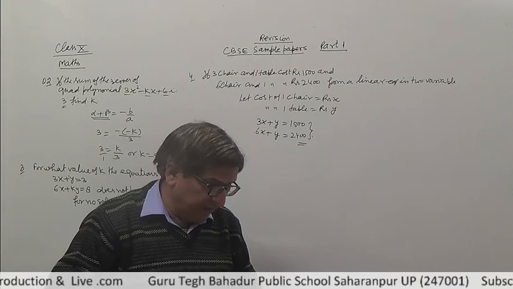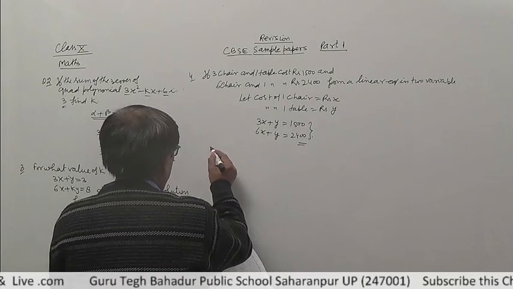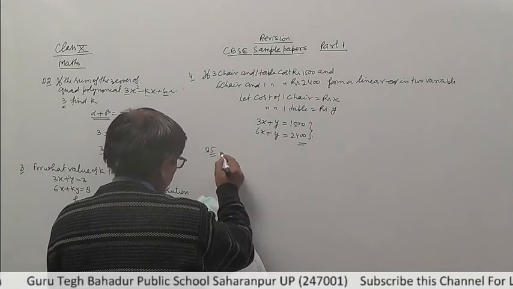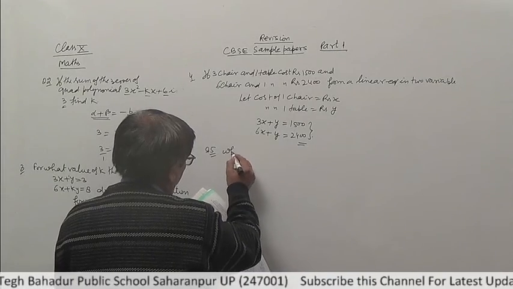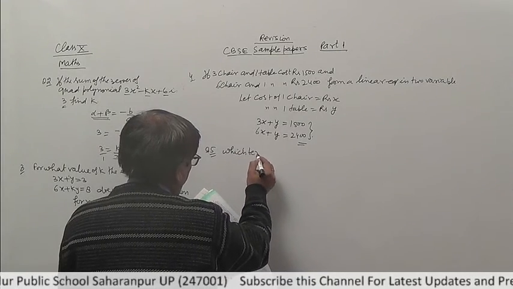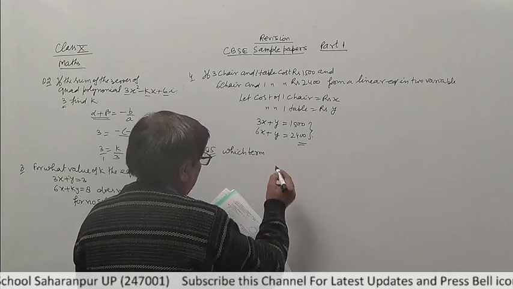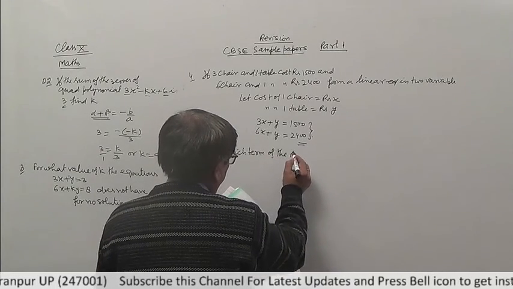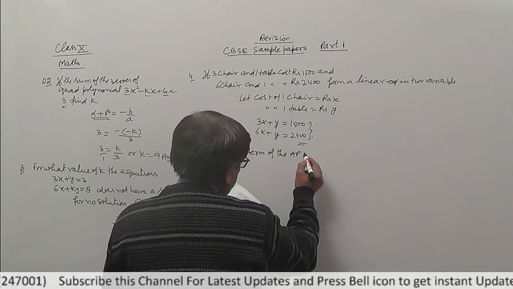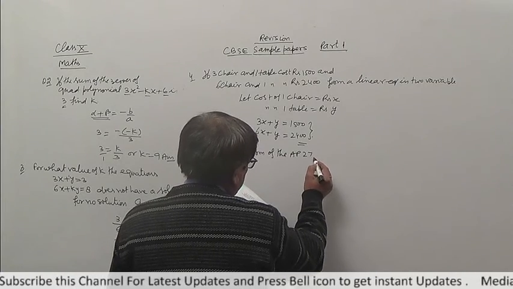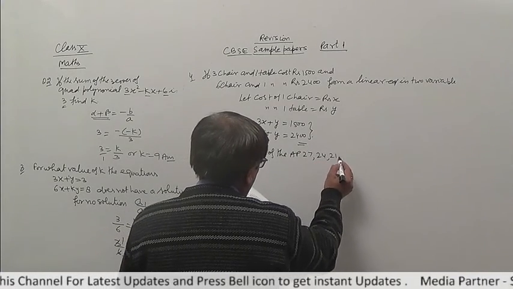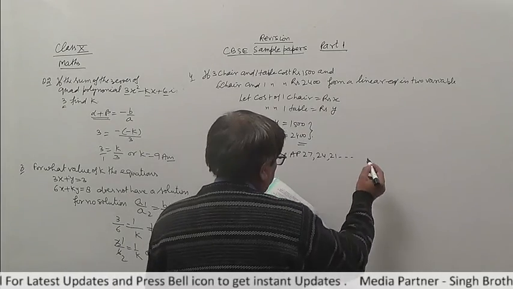Question number 5. Which term of the AP 27, 24, 21 is 0?